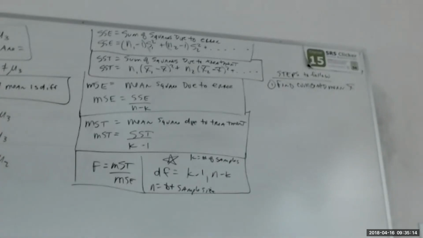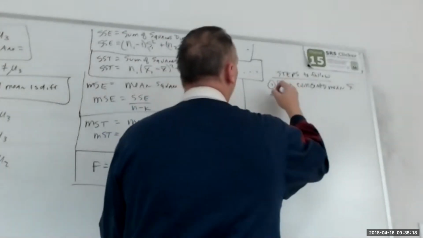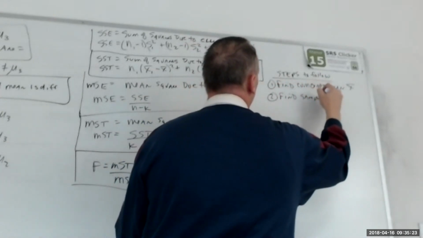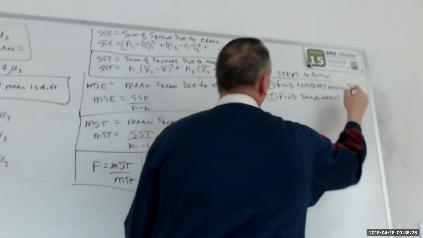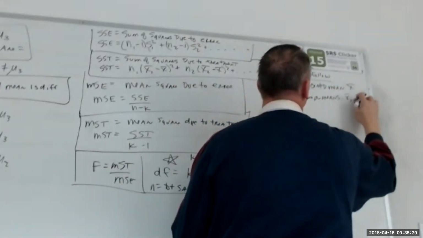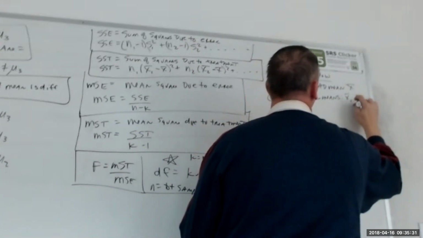That's on all of your data combined, everything. Number two, we're going to find sample means: X1 bar, X2 bar, etc.